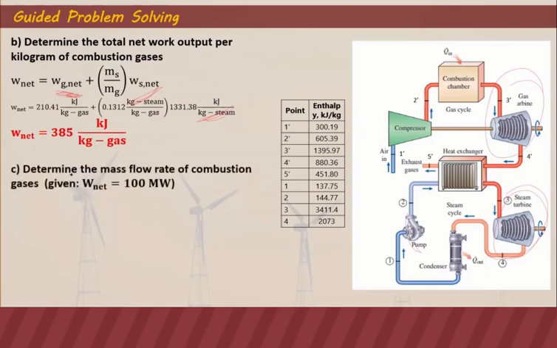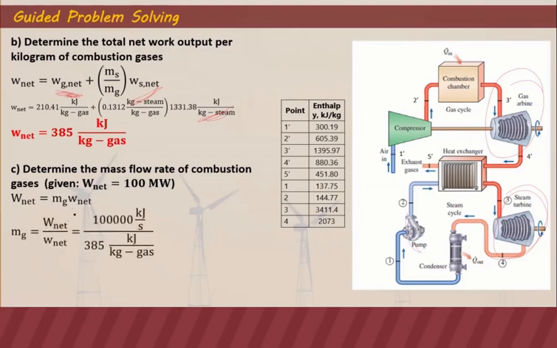C is the mass flow rate of the combustion gases. We're given a work net of 100 megawatt. The work net here refers to the total work net of the entire system. So the work net is equal to the mass of the gas times the work net based on the gas.